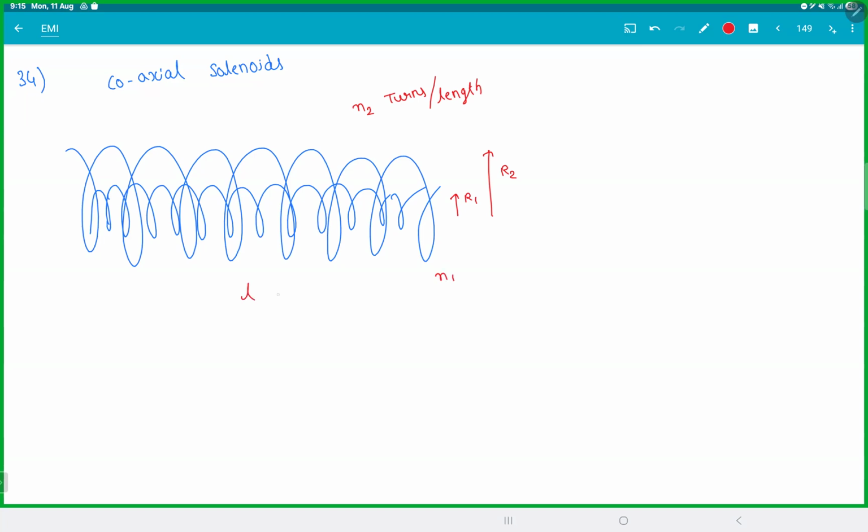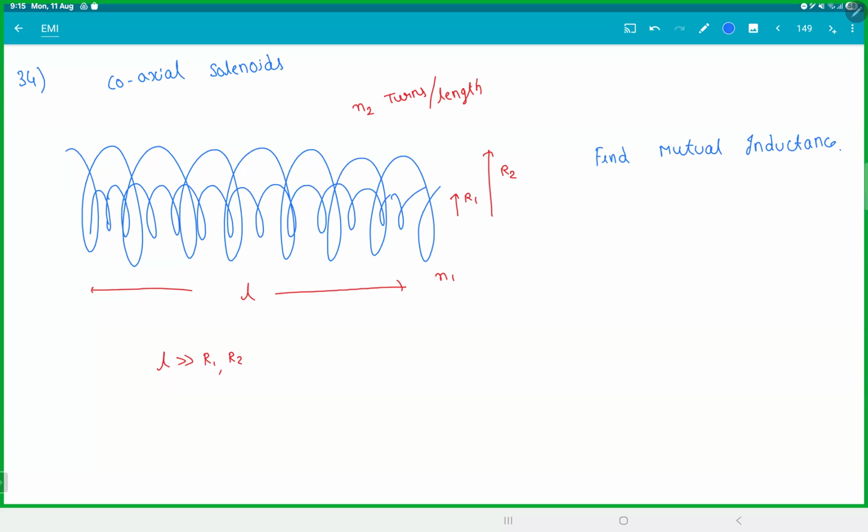This is N1, this is L. L is much greater than R1, R2. Find mutual inductance of the system. That means if you send current in one coil, how much will it interact with the other one? This is your standard question. Third one. Let's see how you will do this.